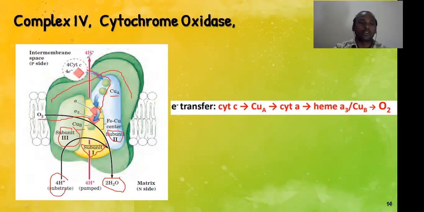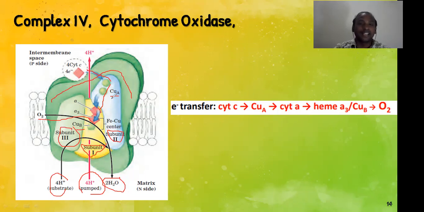So 4 electrons, 4 protons, and the oxygen is converted into 2 molecules of water. During this reaction, 4 protons are pumped out from the matrix to the P side, that is the intermembrane space.